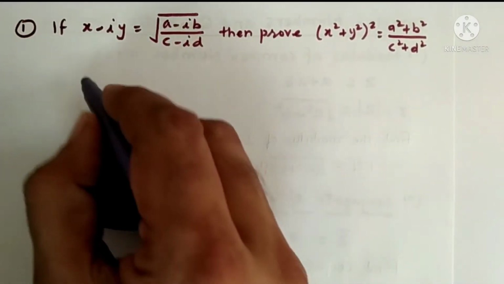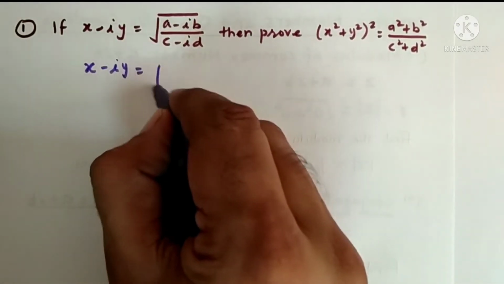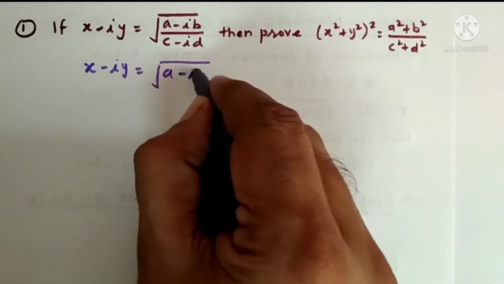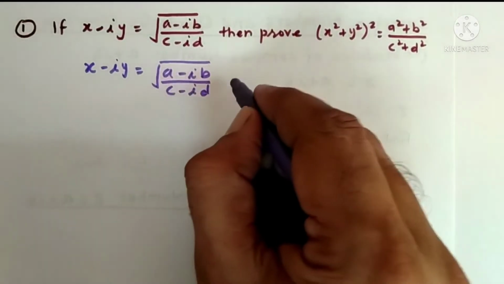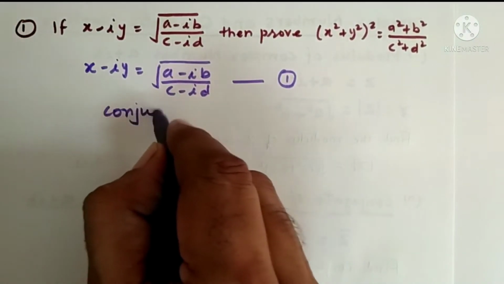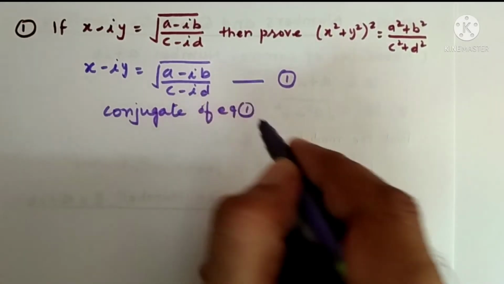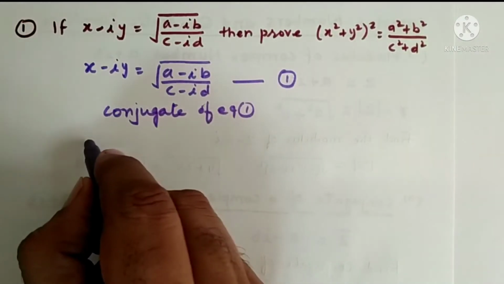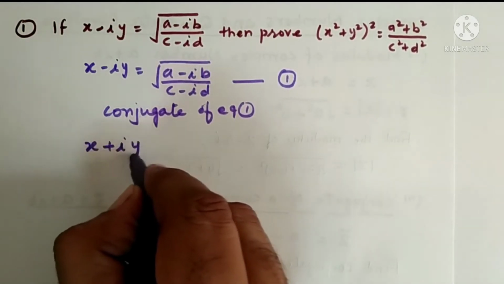Look here, for this, given x minus iota y equal to root of a minus iota b upon c minus iota d. This is equation 1, and we write the conjugate of equation 1. So for the conjugate, what we write, look here, x plus iota y.